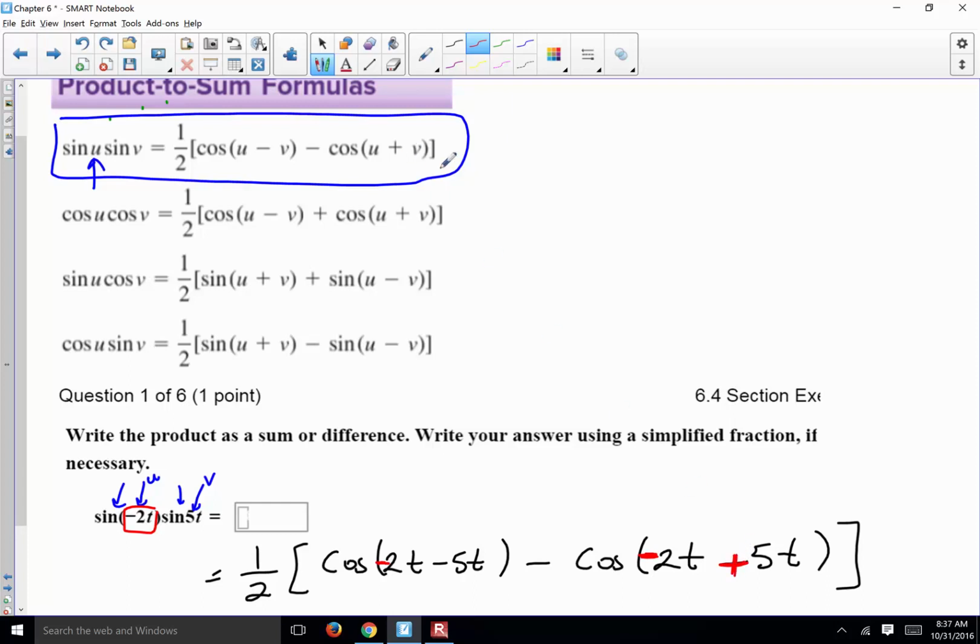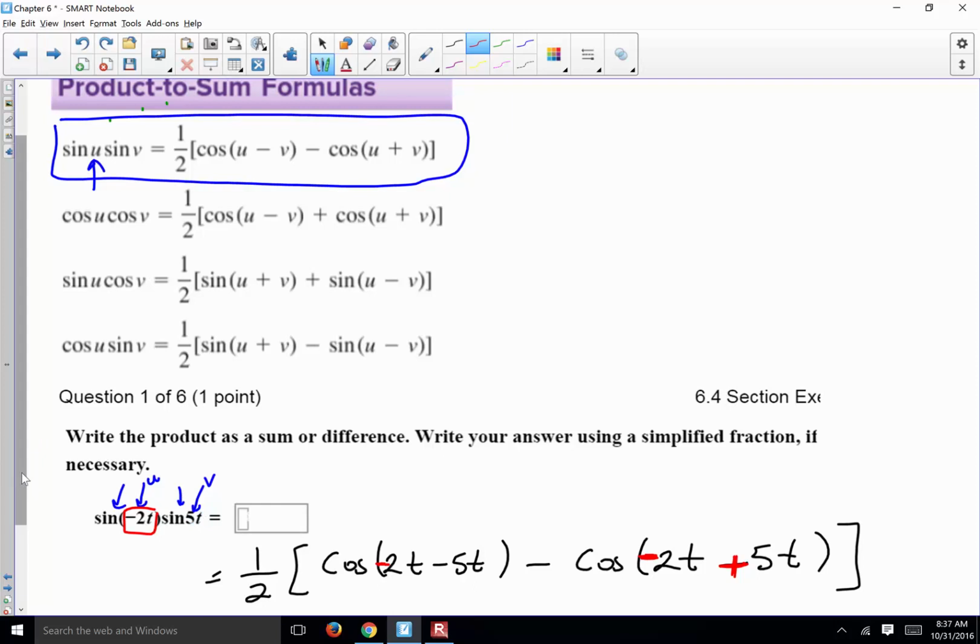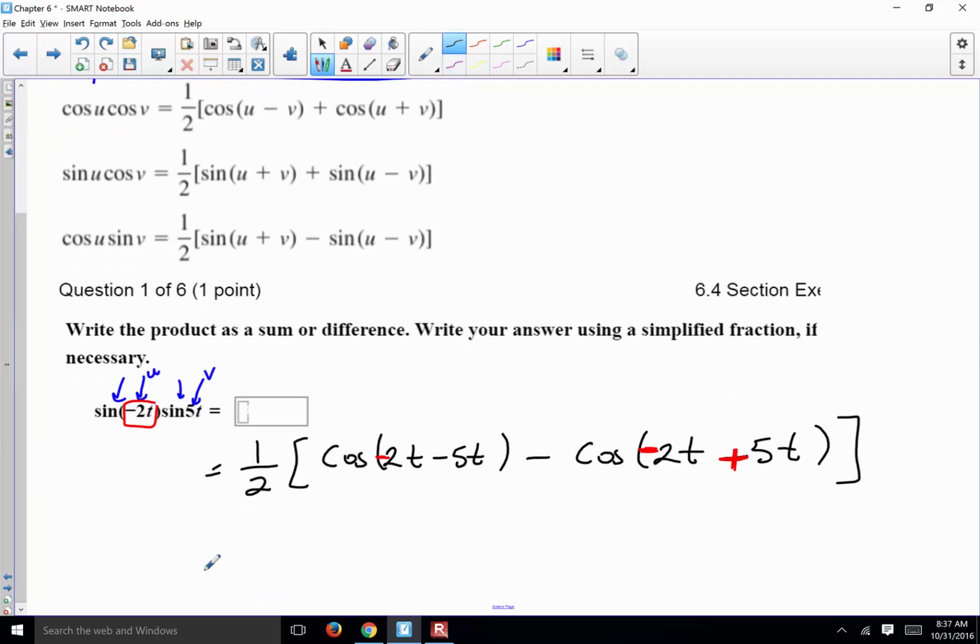It says plus v plus 5t. Alright, good. Now next, simplify things. 1 over 2 minus 2t minus 5t makes cosine minus 7t. And this will make cosine minus 2t plus 5t is 3t.